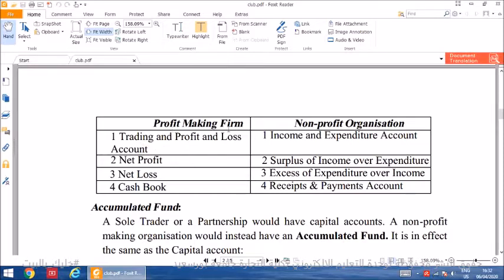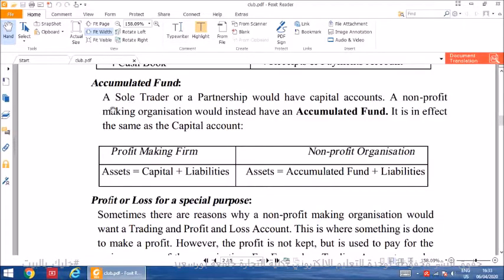Firstly, profit-making firm: trading and profit and loss account, income statement; non-profit: income and expenditure account. Net profit, surplus of income over expenditure. Net loss, excess of expenditure over income. Cash book, receipts and payments account. Accumulated fund, sole trader, entrepreneurship.